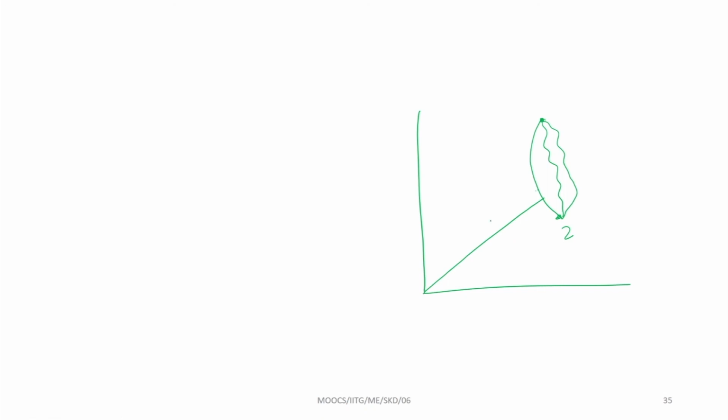If this is the true path, you can write its position as Ri, and the position vector of any of the varied paths can be written as Ri plus delta Ri. This is the origin O, and you can take the x, y, z coordinate system and find the position vector.